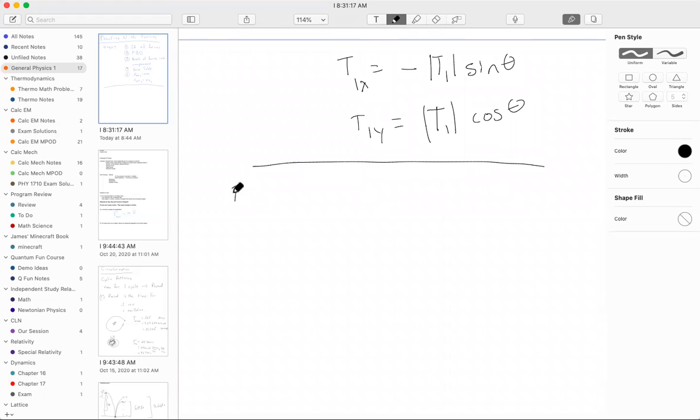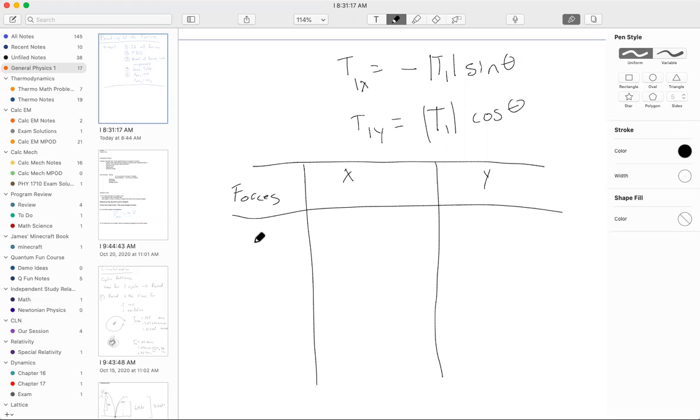In the force table, I put the forces. I write the x components, and I write the y components. So I have tension 1 acting on the ring, which in the x direction gives me minus T1 sine 20, and in the y direction I get T1 cosine 20.